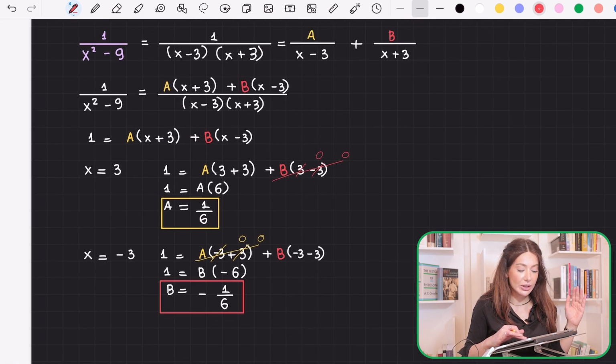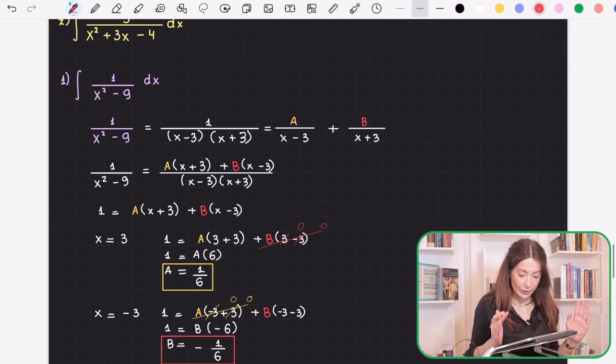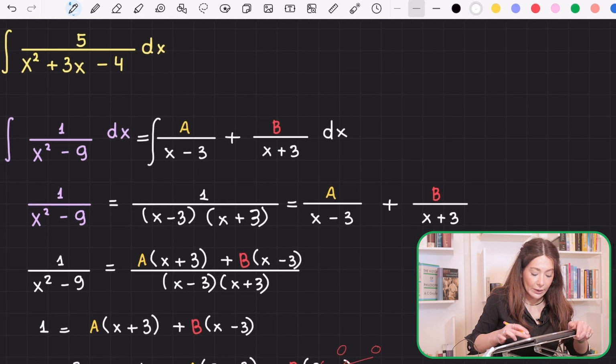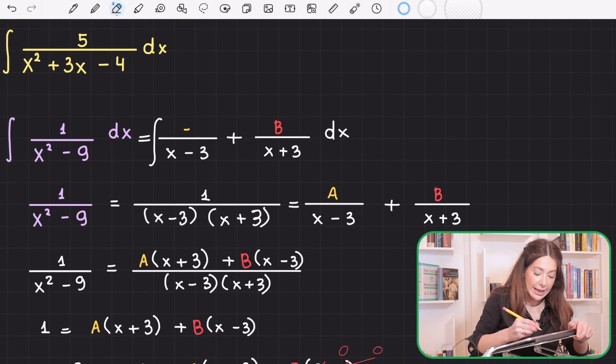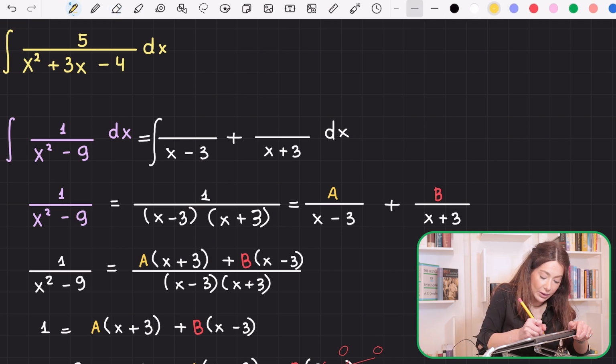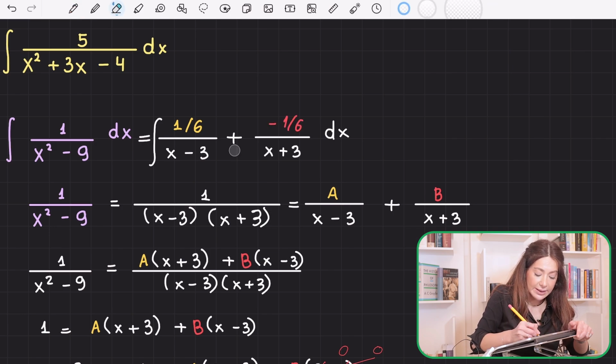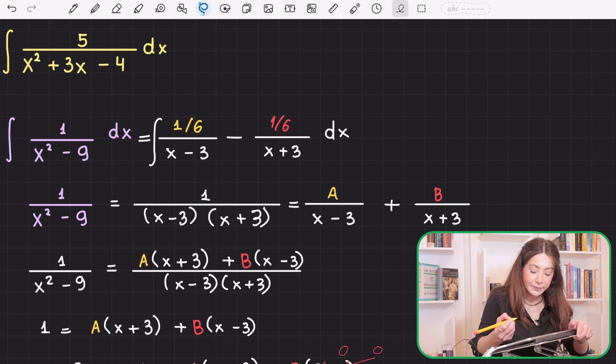Now, look how much simpler my integral is going to be now. This is my new integral, and I already know what A and B are. This is 1 over 6, and B is -1 over 6. Or simply, there's a minus here and no negative there, right?